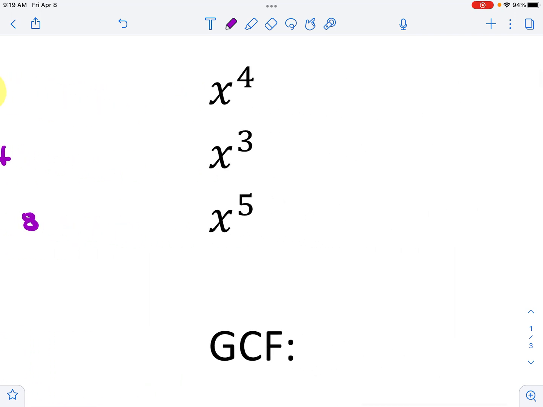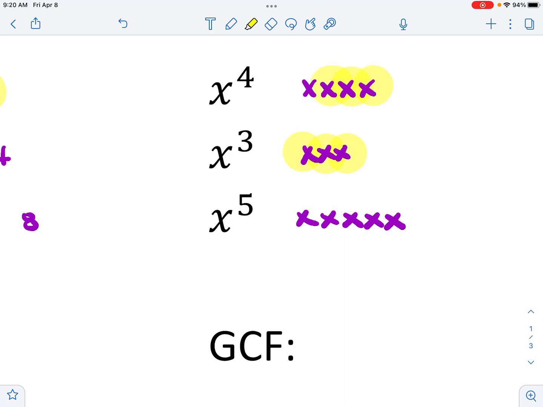Well, what happens if there's exponents? Well, if we think about this, this would be x times x times x times x. So there would be 4 x's. Here there would be 3 x's, and here there would be 5 x's. And so really what we're looking at is there's 1, 2, 3 in each group.